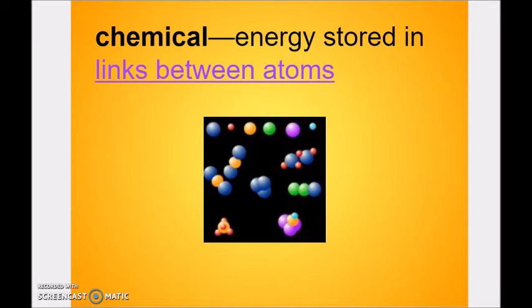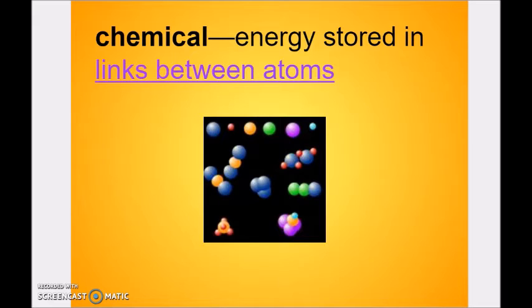like batteries have chemical potential energy because of the chemicals in the batteries. They have the potential to release that as electrical energy. Food has potential chemical energy because once you eat it, it gives your body the energy it needs to move and to live.